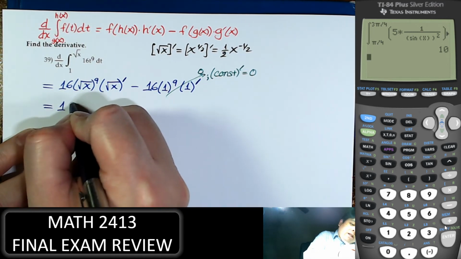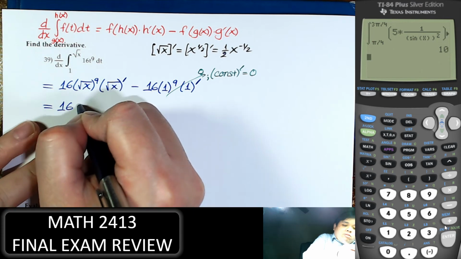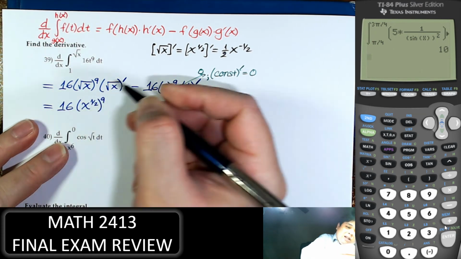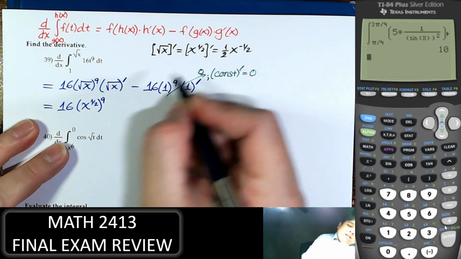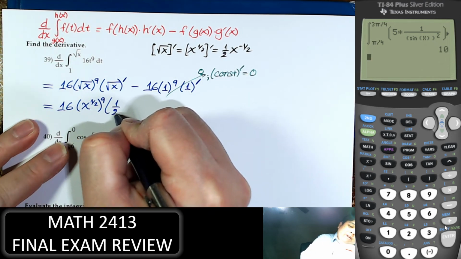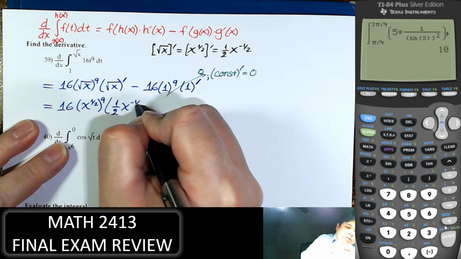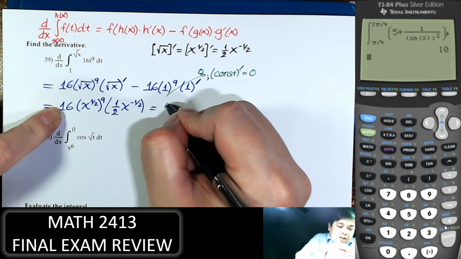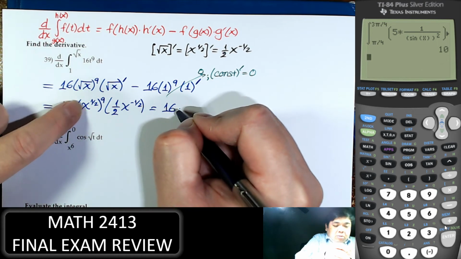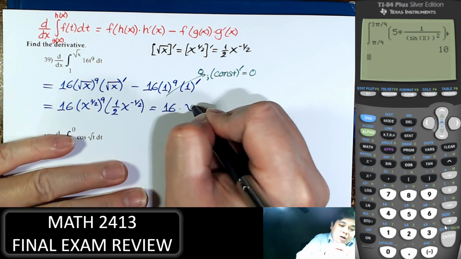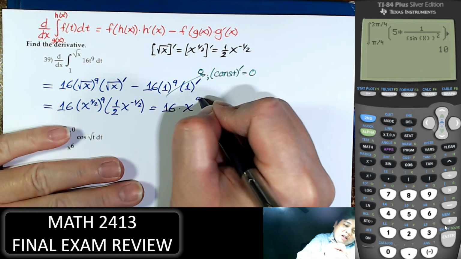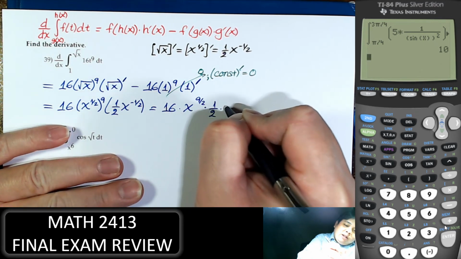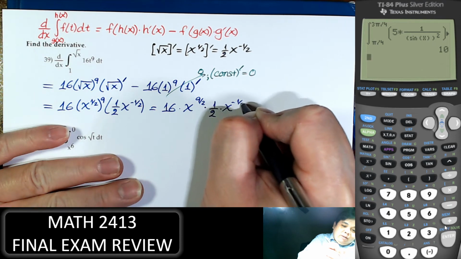So we have 16 times x to the 1/2 to the 9, and then the derivative of this is 1/2 x to the negative 1/2. Right, and simplify. A power to another power, I will multiply those two: 1/2 times 9, 9/2, times 1/2 times x to the negative 1/2.